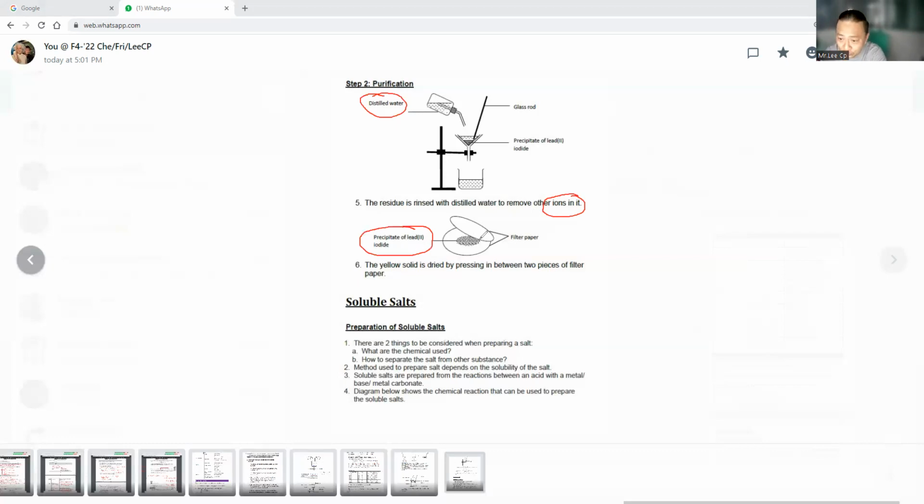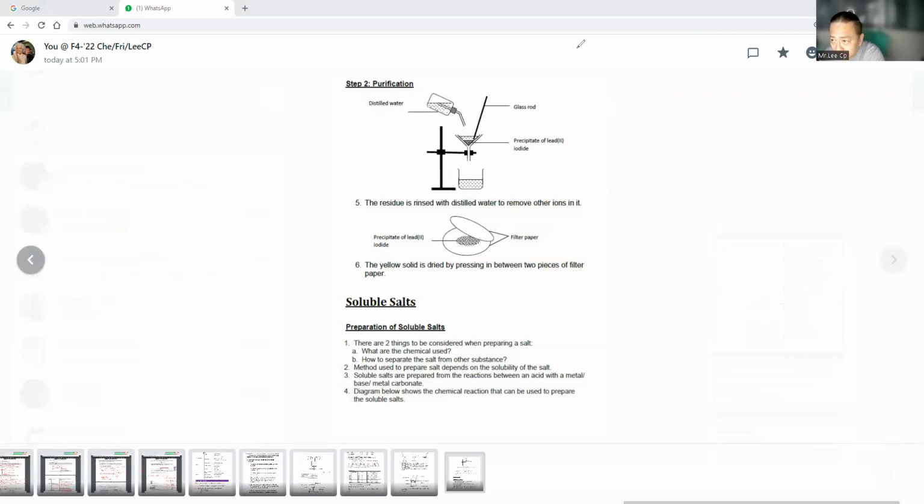You cover it with filter paper and then dry it. Then that one is the salt PbI2 that you want. Do you understand it? Am I too fast? Can you get it? If you cannot get it, let me know and I will explain again.